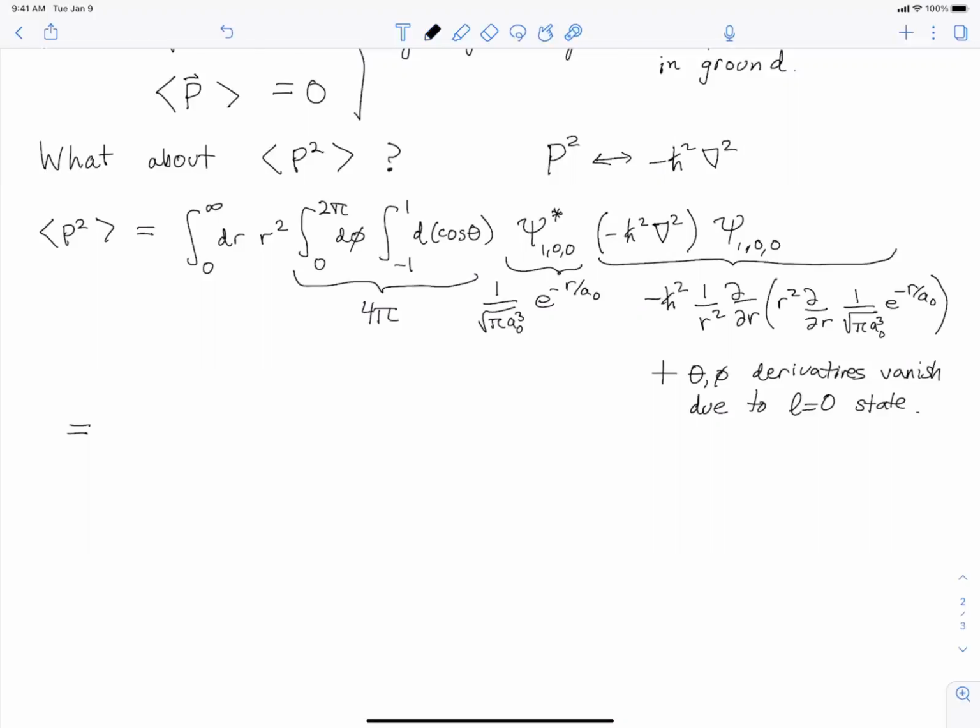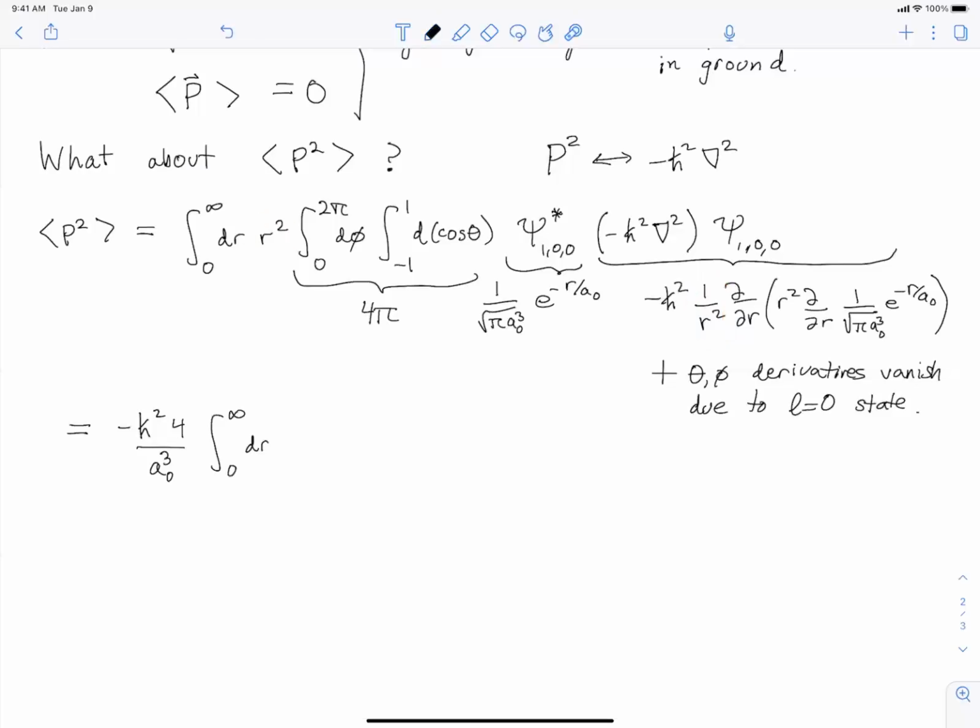So that just is going to do the usual 4 pi thing. And so we get minus h bar squared times 4 over Bohr radius cubed. And then what's left is the r integral. Okay, now notice this 1 over r squared is going to nicely cancel this r squared. So we don't need to write them down.